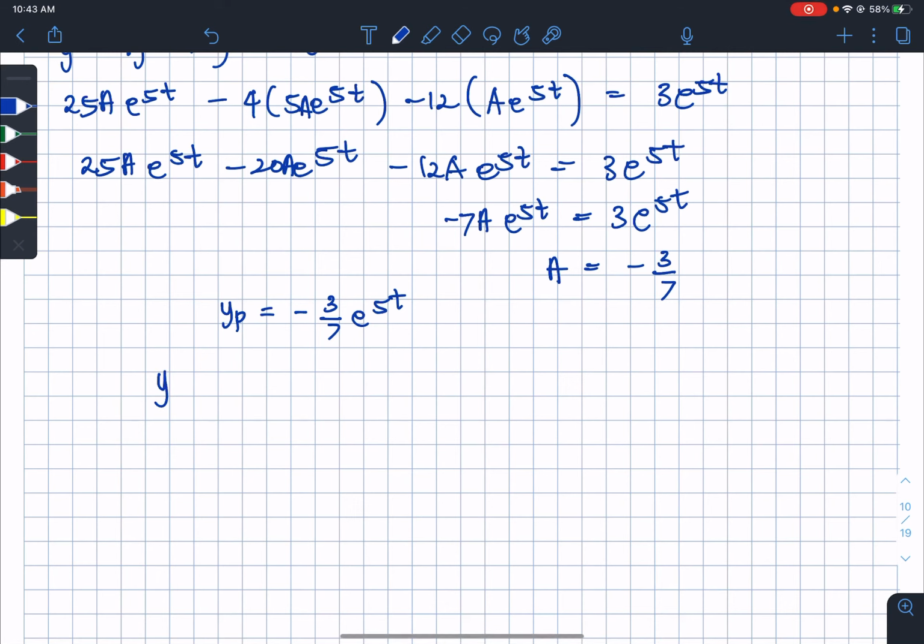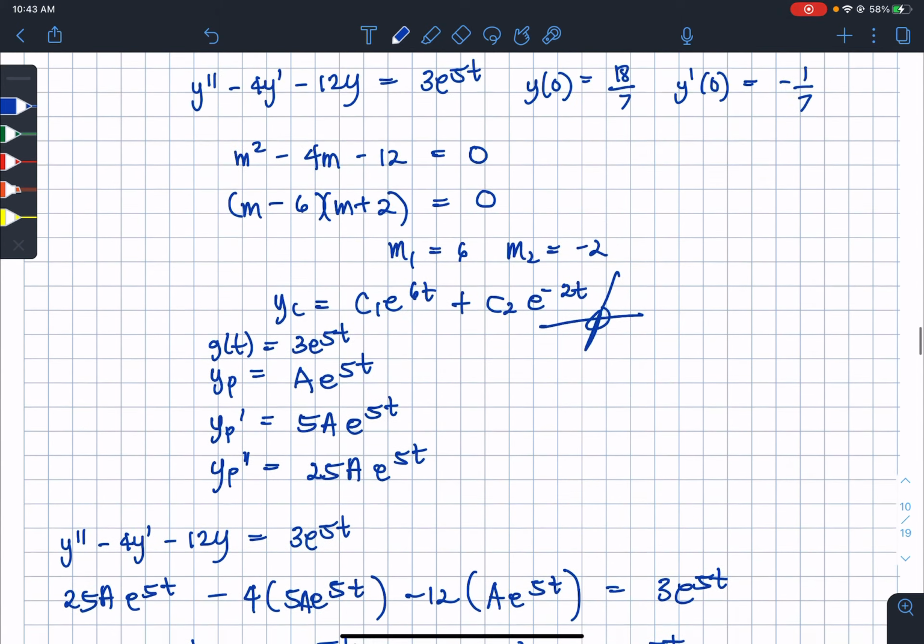And our y would be yc plus yp. So c1 e raised to 6t plus c2 e raised to negative 2t. And then minus 3 over 7 e raised to 5t.